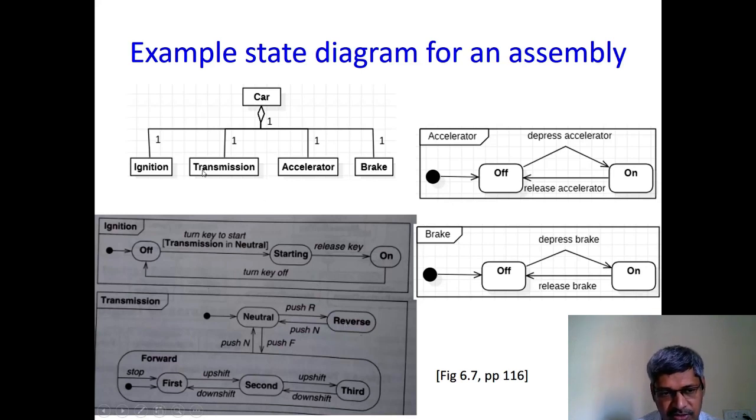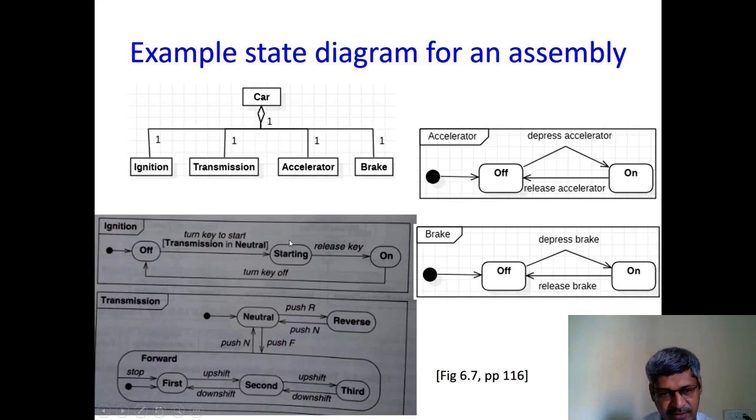Let us discuss the state diagram of each and every part, proceeding one after the other. First, ignition. It will originally be in the off state. When you turn the key to start, we will be in the starting state. There is a guard condition, transmission is in neutral.